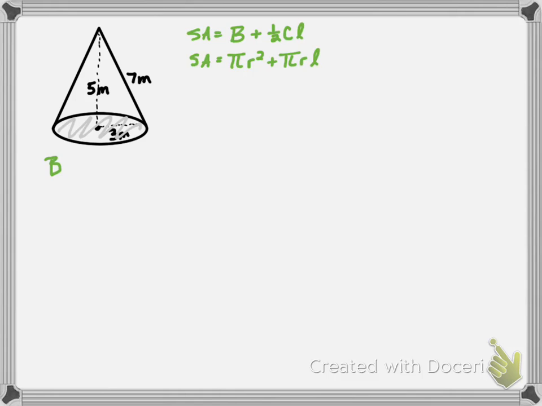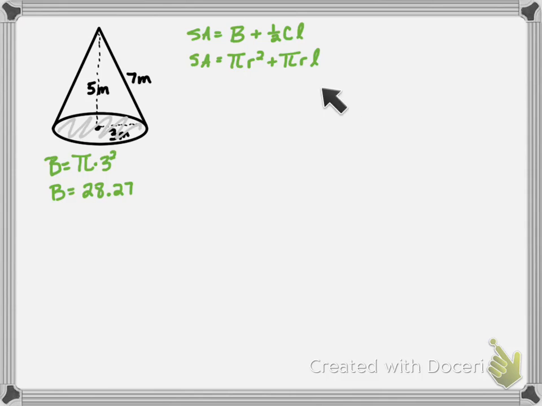So the area of the base is going to be pi times 3 squared, because 3 is my radius. That's 28.27. Whether I just plugged the radius into the equation here, or found the area, notice it's the same thing. Either way, I get 28.27 in this first spot.